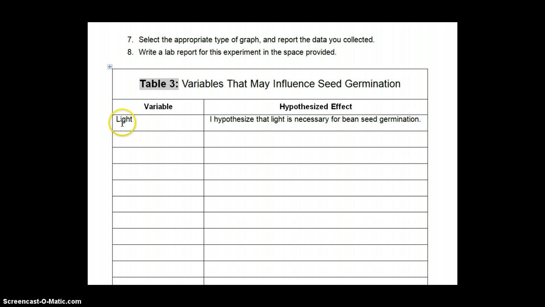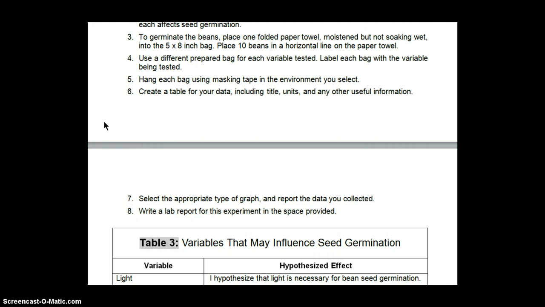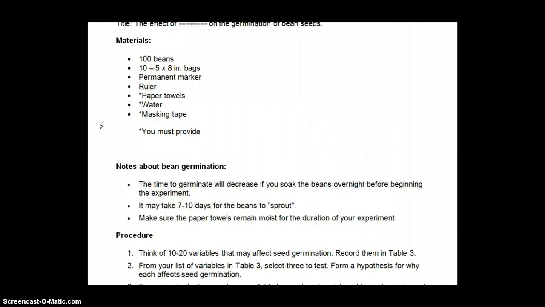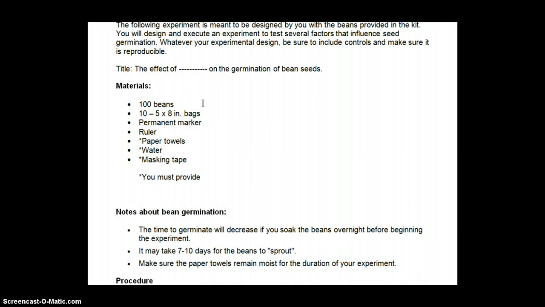So say for the light one, you would set up the experiment in the following way. Divide your 100 beans into 3 piles, 1 for each variable experiment. For each of those piles, for each of those variable experiments, you're going to set up an experimental and a control bag. So you're going to use a total of 6 of the baggies.